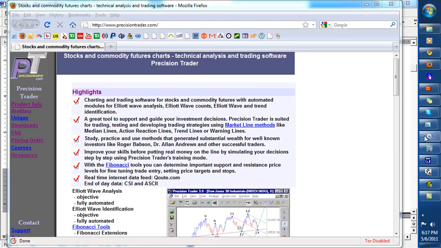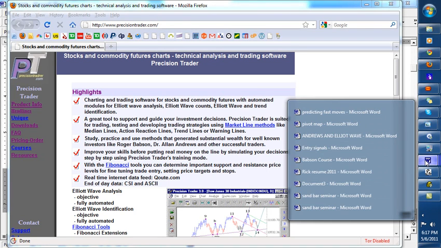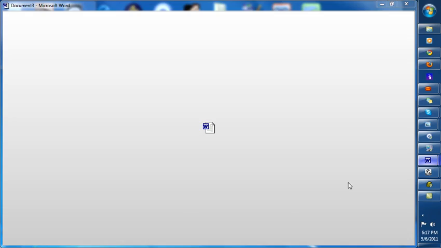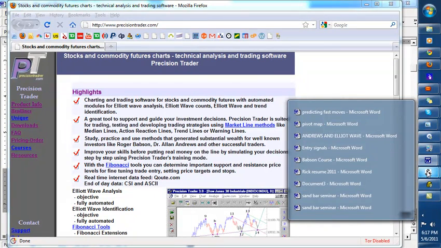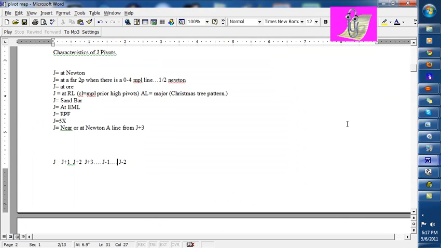Hey, Ron here. This video is about pivots, and in the VRMM, the virtual reality market mapping, pivots are looked at differently. First of all, the main concern is the characteristics of what I classify as J pivots.